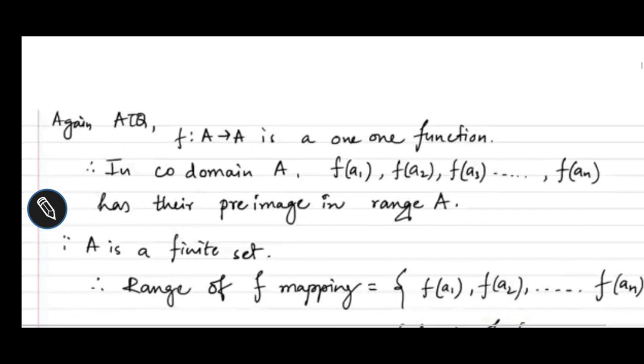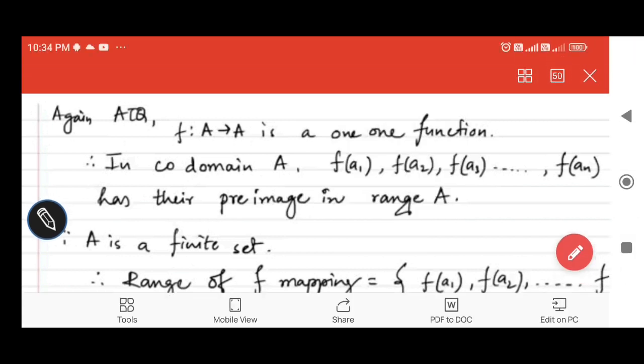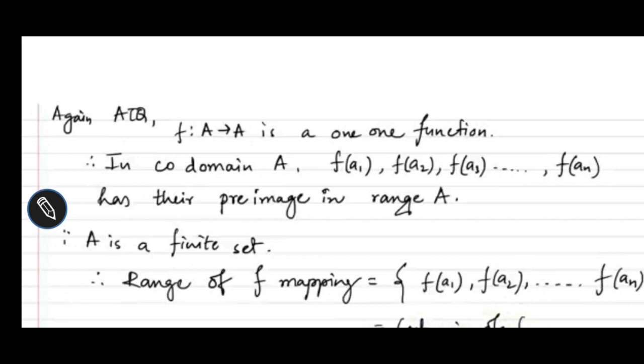You can see f is a one-one function. In the codomain, f(a1), f(a2), f(a3), ..., f(an) are the range of this function. If a1, a2, a3 are the elements of A, which is a finite set, then f(a1), f(a2), ..., f(an) are the images of a1, a2, a3, and these are also finite, and A has the pre-image, and A is a finite set.